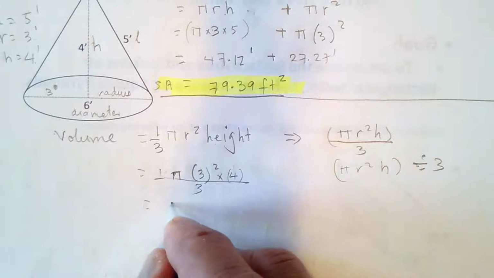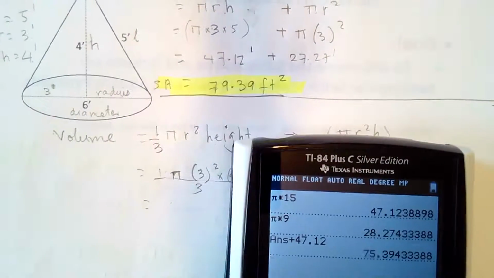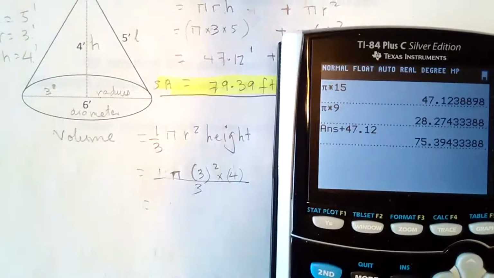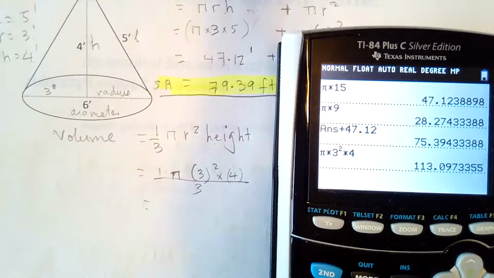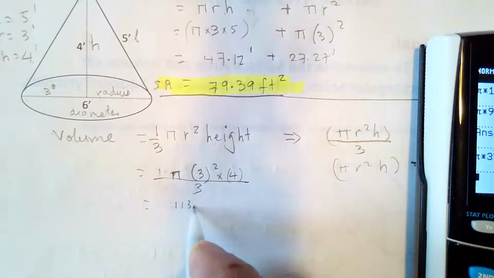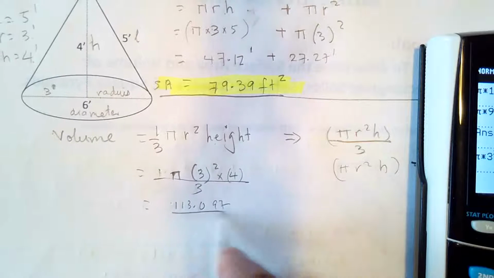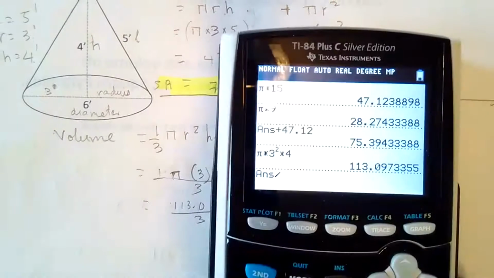Oh, here's my calculator here. So I have pi times 3 squared times 4 gives me 113.097, divided by 3.